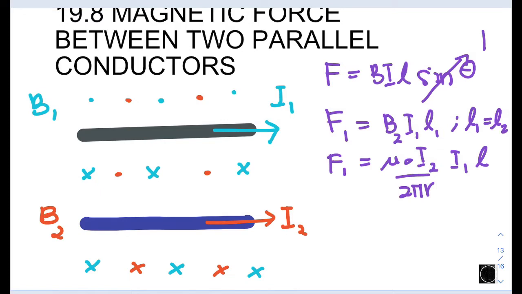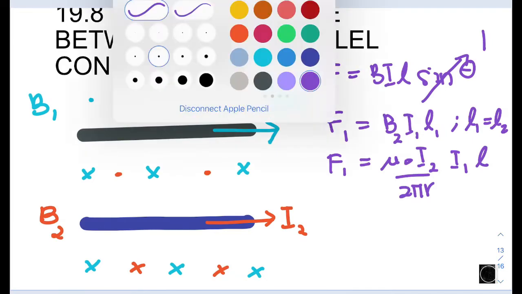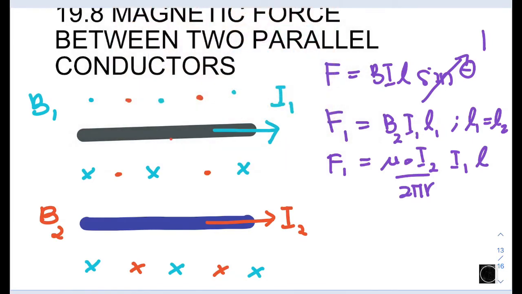Put your index finger along I1. B2 is out of the page, so the force will be downward on wire 1. The force experienced by wire 1 will be downward like this. This is F experienced by wire 1.